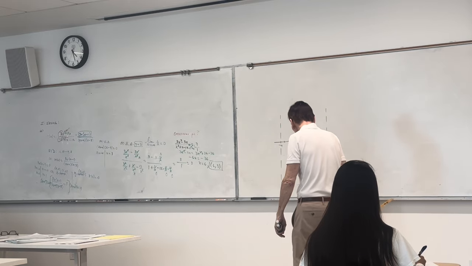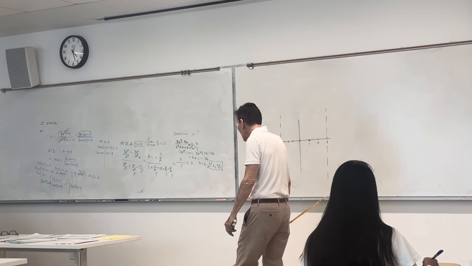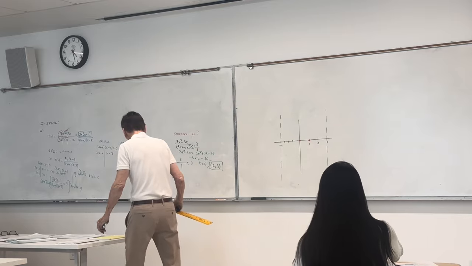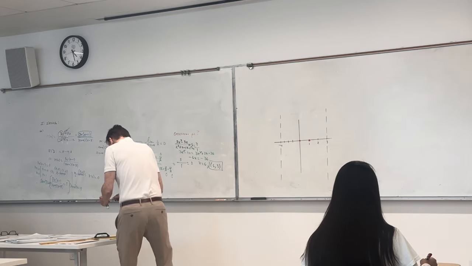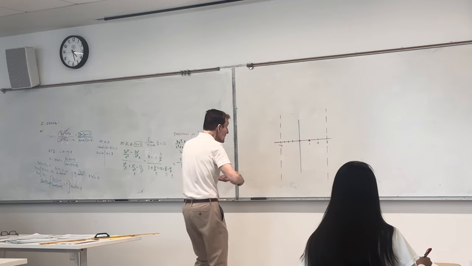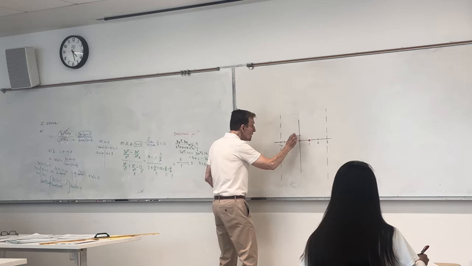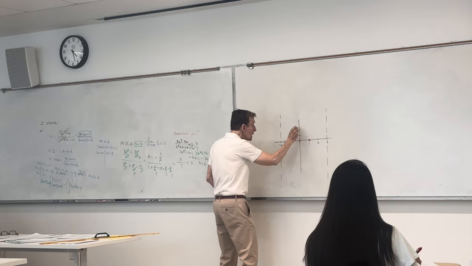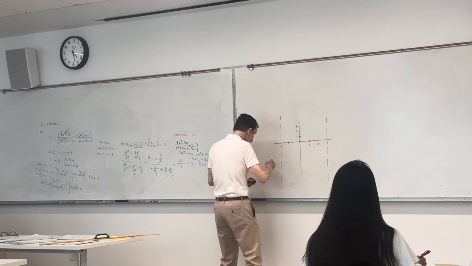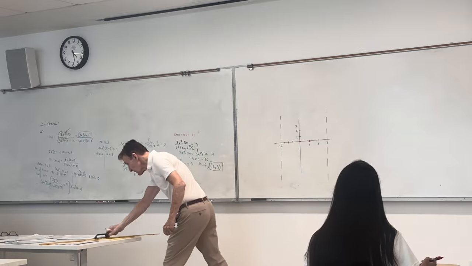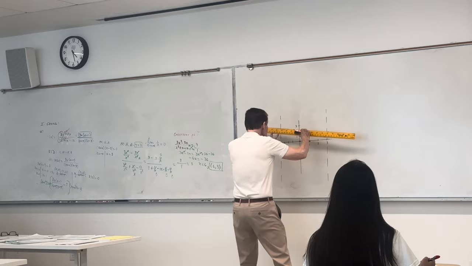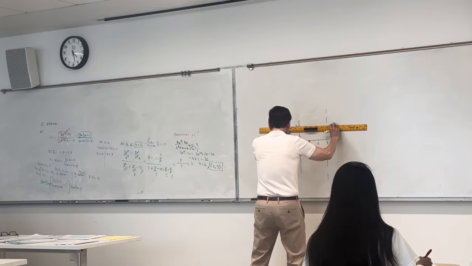I have my x-intercepts. Got that done. Don't let me mess up now. Horizontal, we've determined it's up at 3. Up here. Guys, we use a different color for it. The horizontal asymptote is up here.